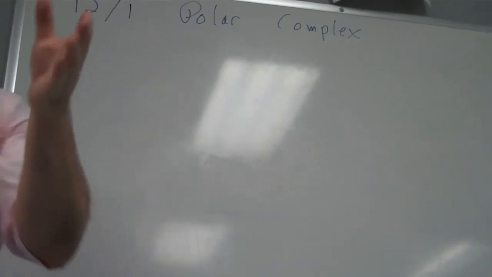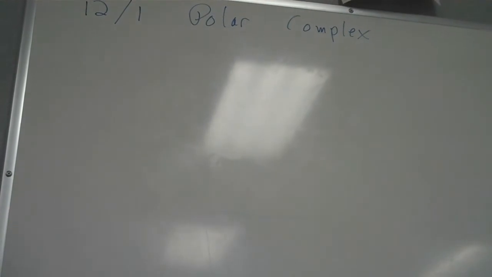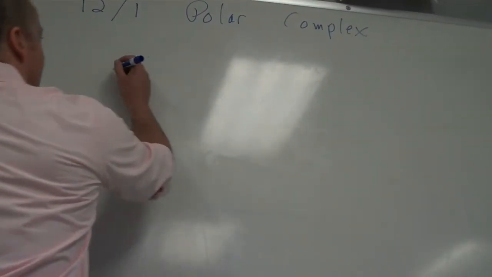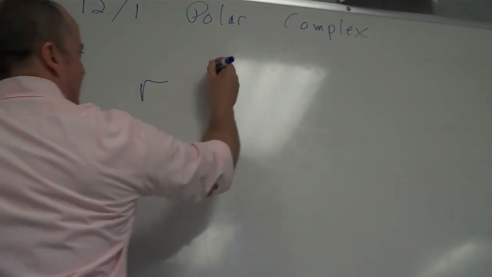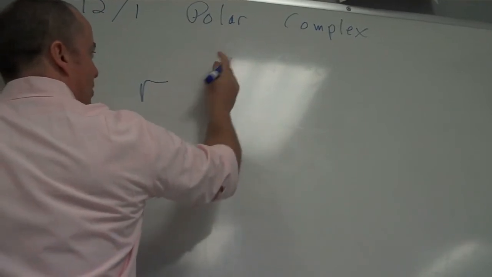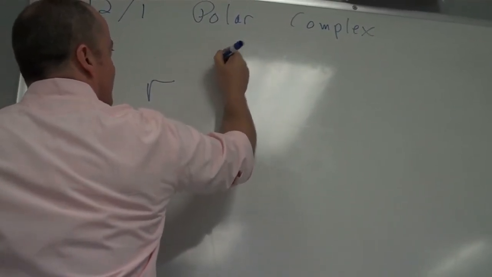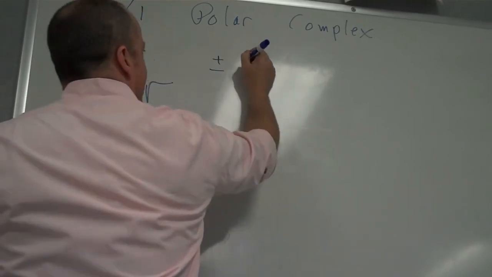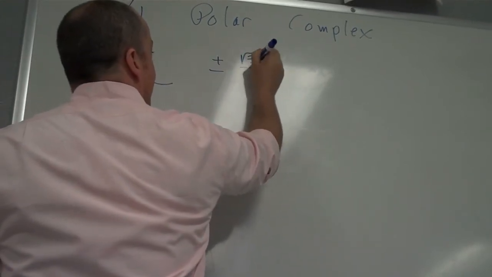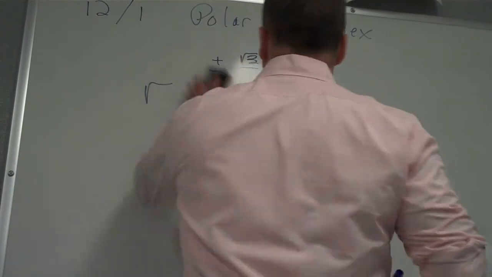Here's your hint. If I'm going to ask you to do this without a calculator, then they've all got to fall into some pattern. And that pattern is the length of the radius has to be multiplied by one of three things. Let me write this bigger.